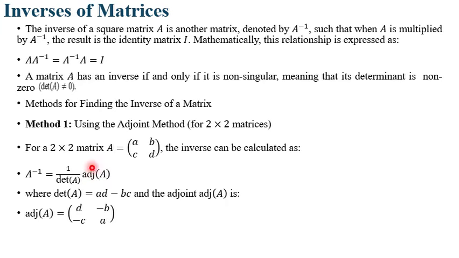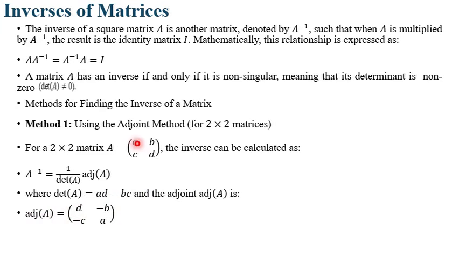So that shouldn't confuse you. All right, so the first step here is to find the determinant of matrix A. And the determinant of matrix A, of course, is A multiplied by D minus B multiplied by C.